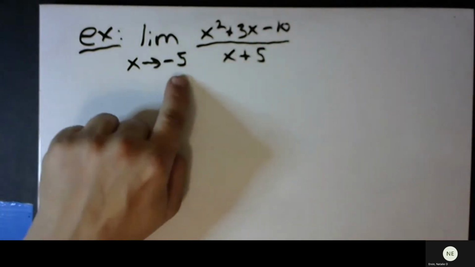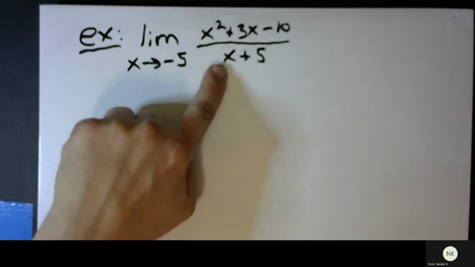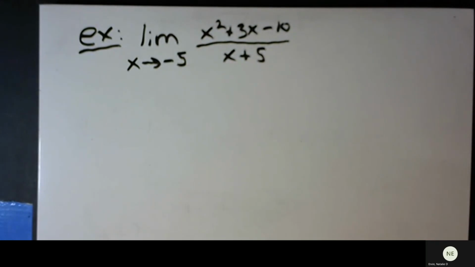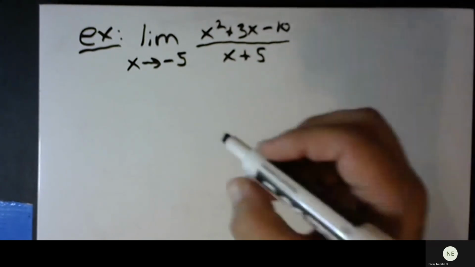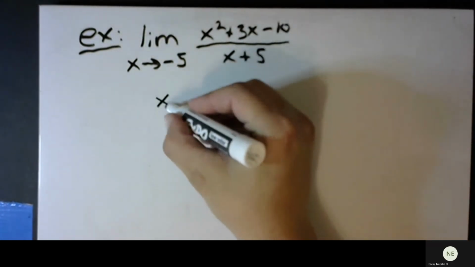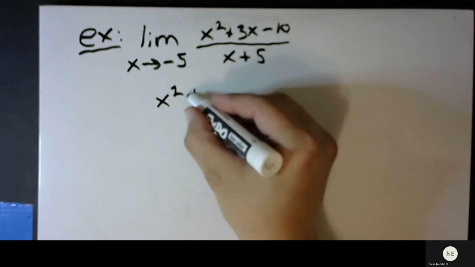So once again, if we substituted for x, we're going to get a division by 0. -5 plus 5 is 0. But this right here, we can factor. Use our guess and check method here.